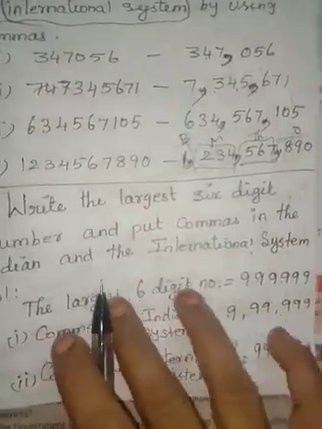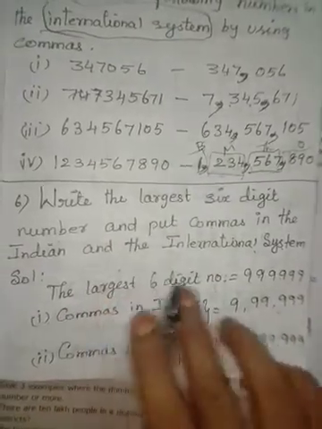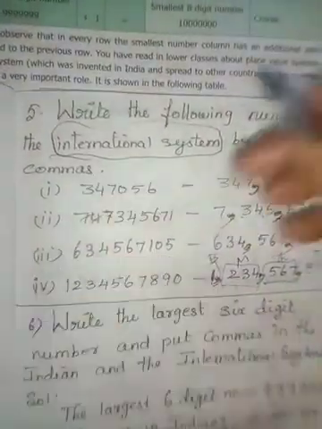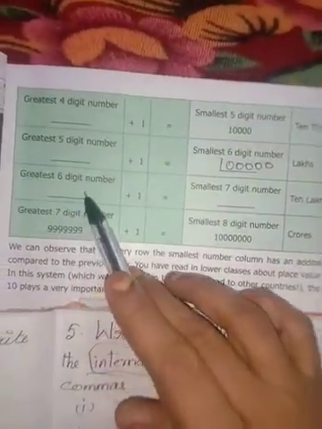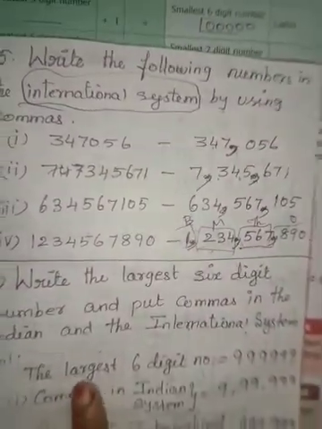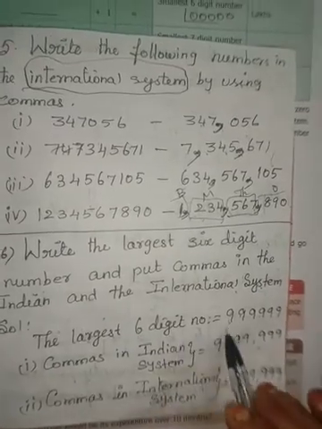The next one, write the largest 6-digit number and put commas in the Indian and the international system. Students, I told you, what is the largest 6-digit number? Keep in mind the largest digit is 9. So we put 6 nines in this place.